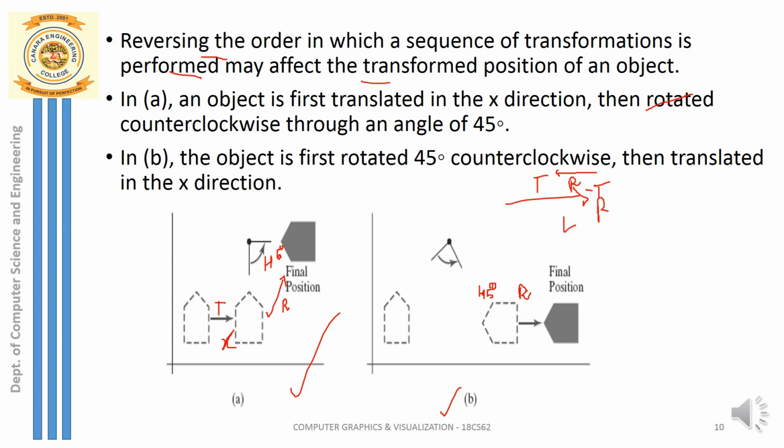I'm sorry, I was a little wrong here. In figure B, concentrate, this is my original object, and for that object I am applying the rotation, and the angle of rotation is 45 degrees. So I have to rotate this object anti-clockwise. This indicates the rotated object, and after I perform the rotation, next I am applying translation. So this is a translated object.